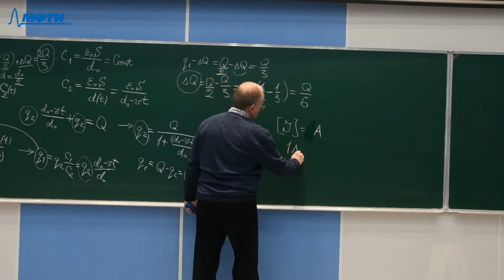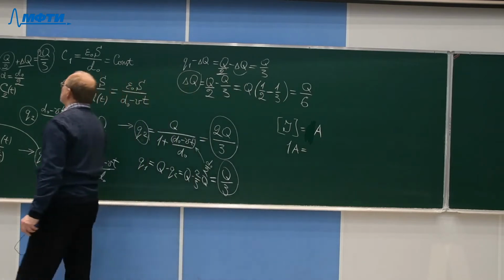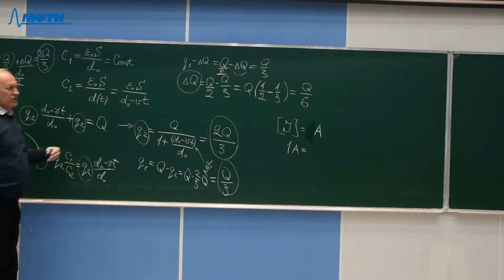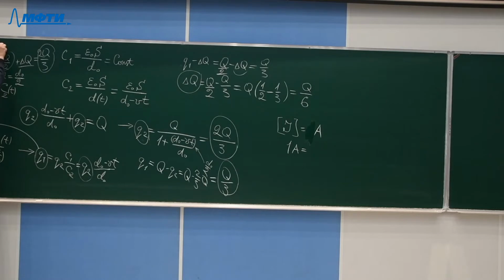One ampere, by definition, electrical current is the amount of electricity transferred through the cross-section of the wire in a unit time. So as this is the definition, then we can write that electrical current is the amount of charge divided by the time interval.